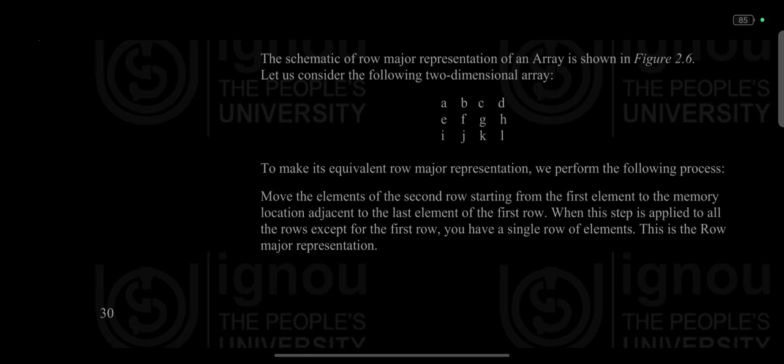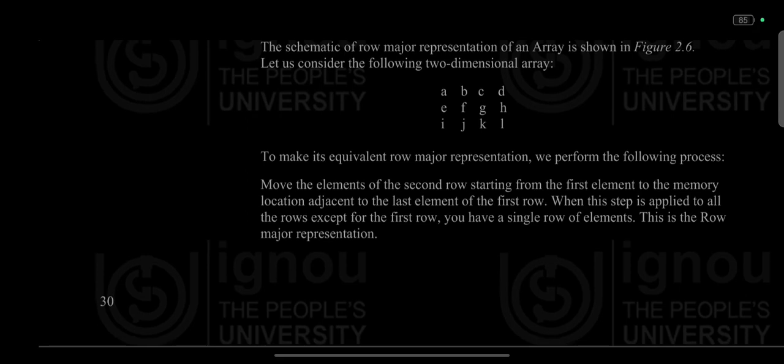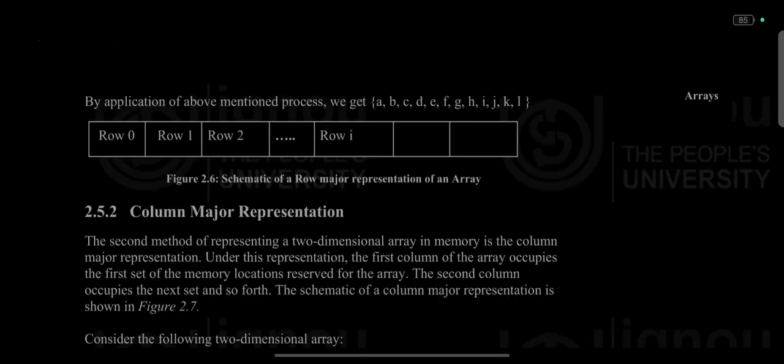When this step is applied to all the rows except for the first row, you have a single row of elements. This is the row major representation. By application of the above mentioned process, we get A B C D E F G H I J K L. So here you can see figure 2.6, the schematic of a row major representation of an array.